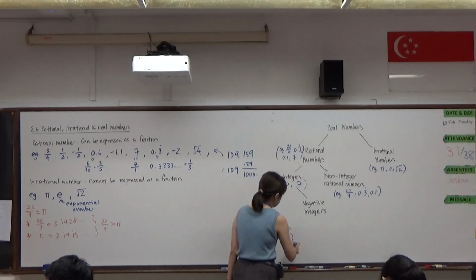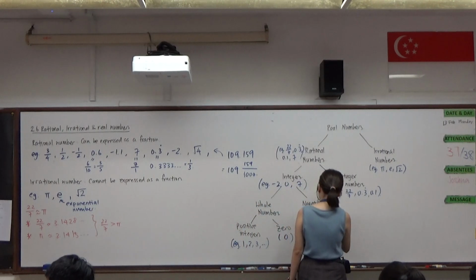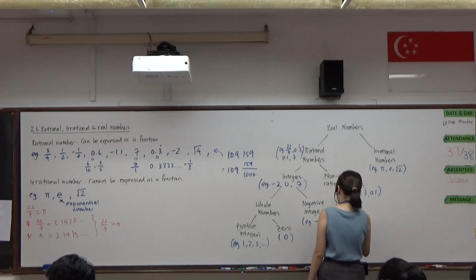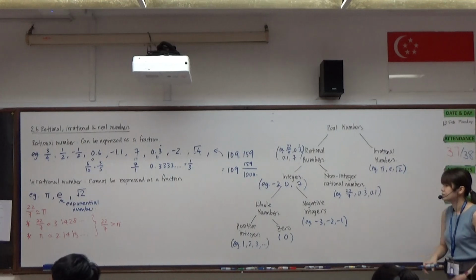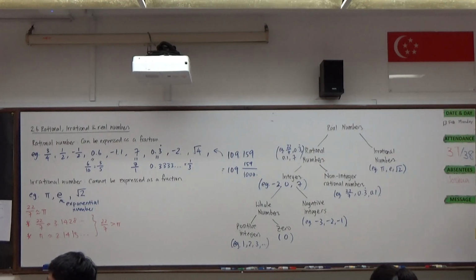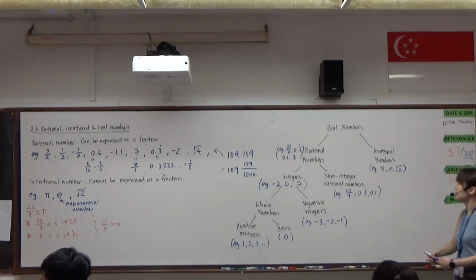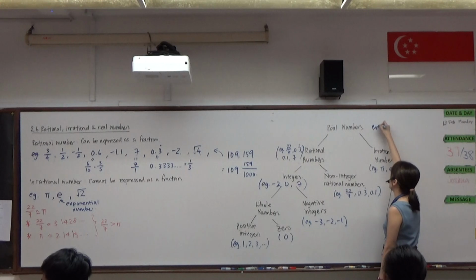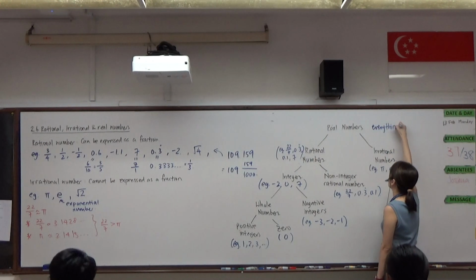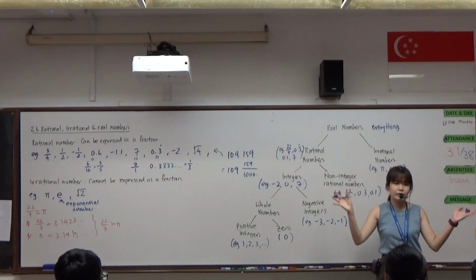This one is just 0. So I'm just listing some examples so that we all have an idea about our real numbers. Let's see, your question was? Yes, so real numbers are just everything, all the numbers that you already know so far.